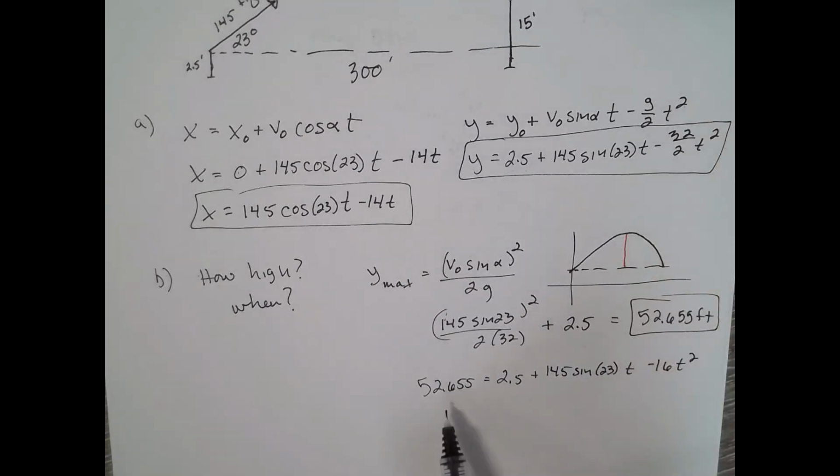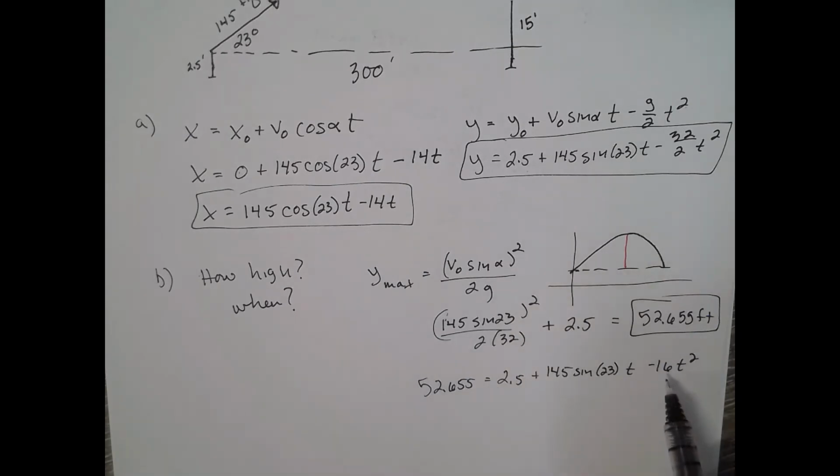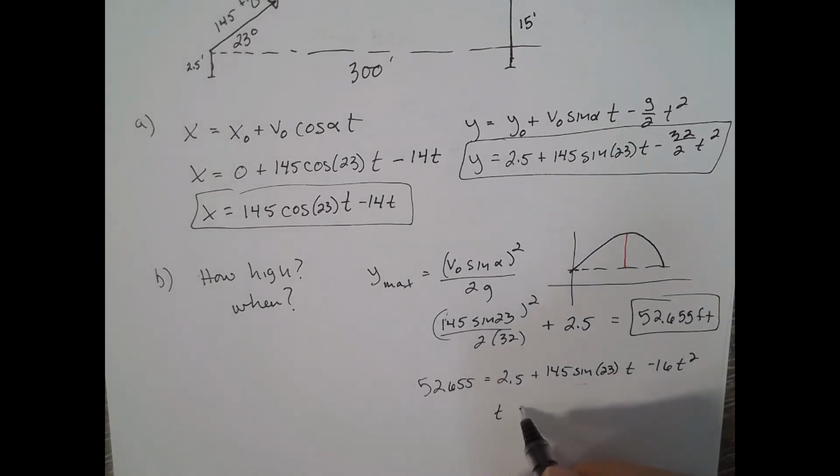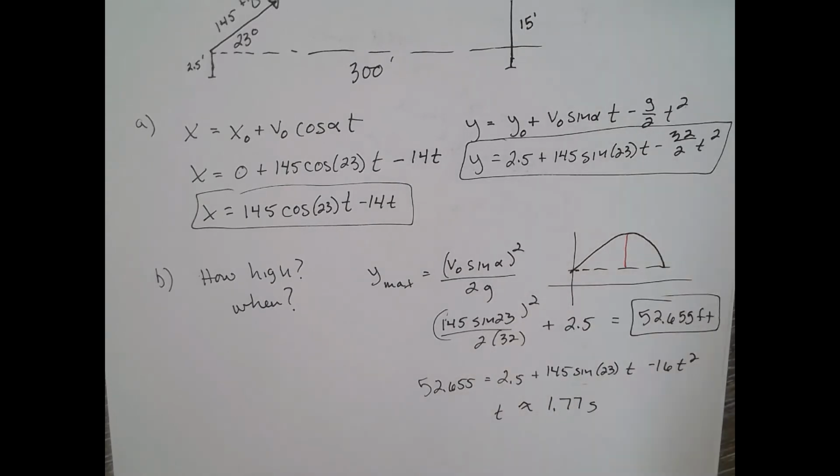So you move that over, make it 0. I would probably plug it in the quadratic formula. So A is negative 16, B is this, and C is 2.5 minus that, and it gives us 1.77 seconds.